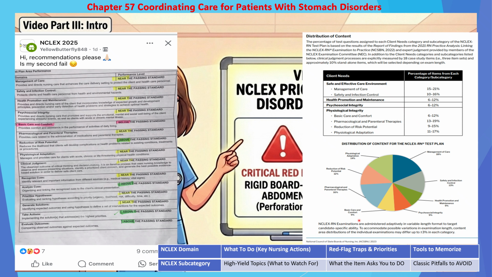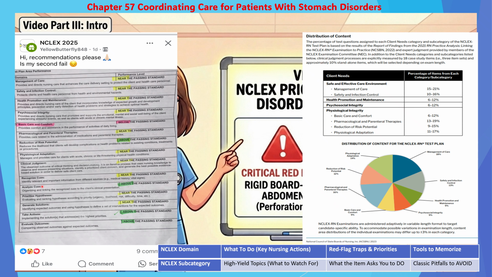And if you aim for 100 questions to pass the NCLEX, imagine 9% is 9 questions that you need to answer correctly to complete this pie.